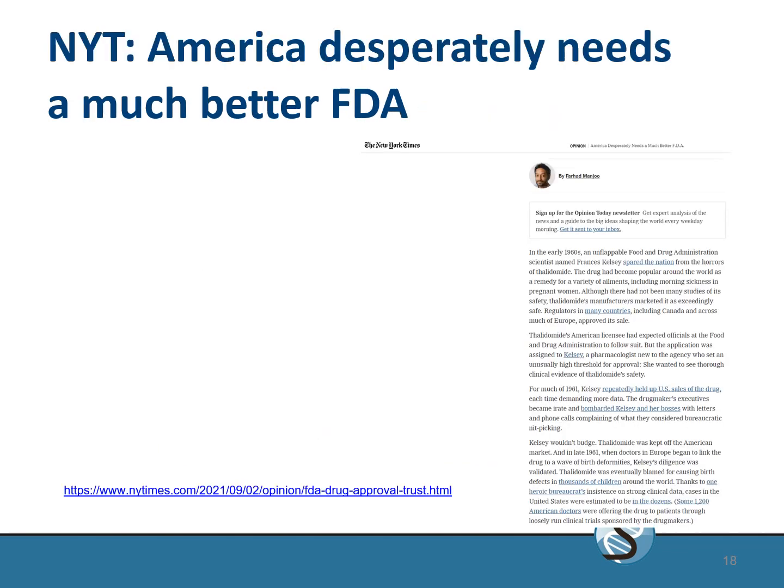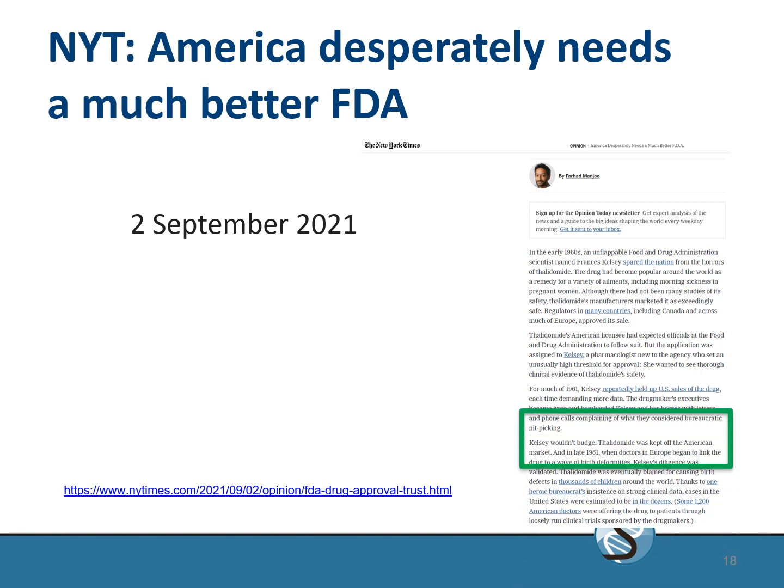And in the final slide, we got a question if America needs a much better FDA. This article was published on 2nd September 2021.